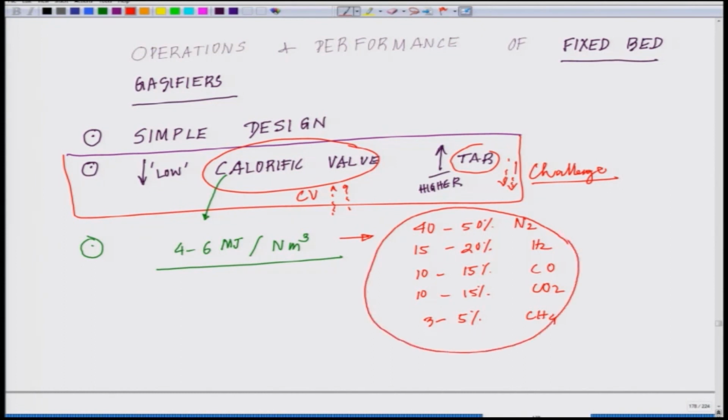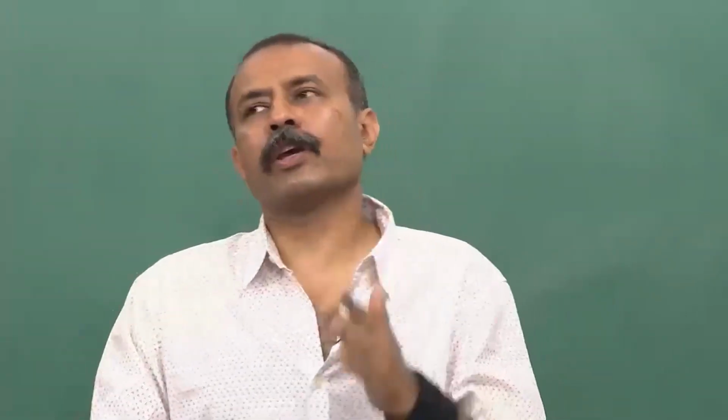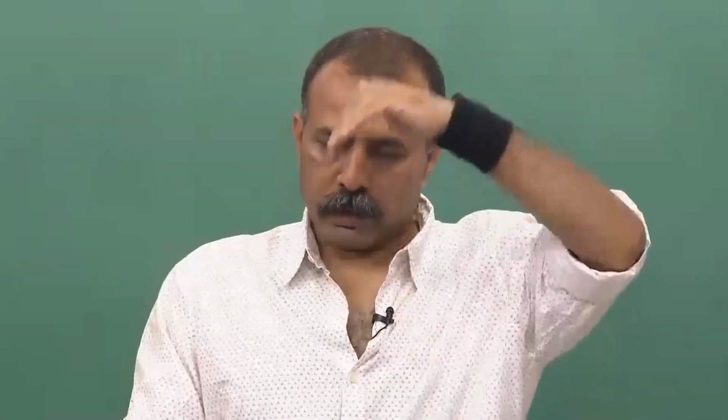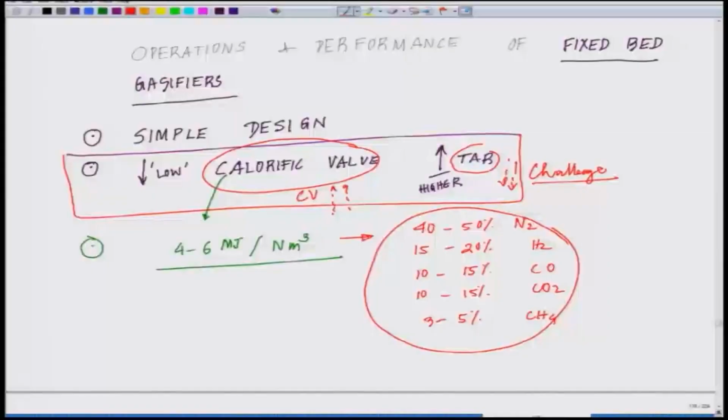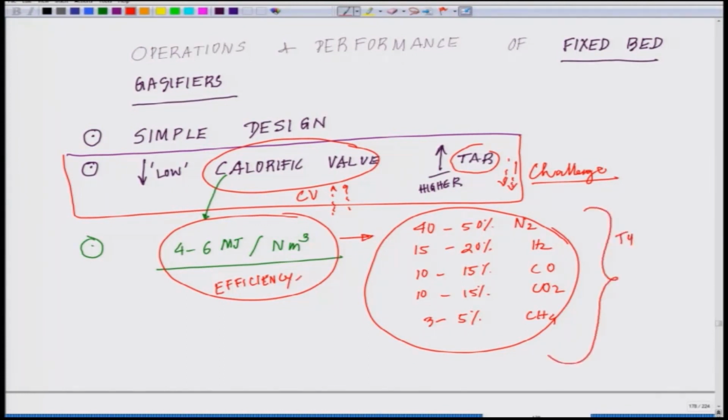This is the typical concentration of product gas obtained by gasifying the biomass feedstock in a fixed bed gasifier. The numbers may vary a little depending on whether you are using a downdraft, an updraft, or a cross flow system. One has to appreciate that the efficiency, or calorific value, is fairly low, and this is the typical composition.